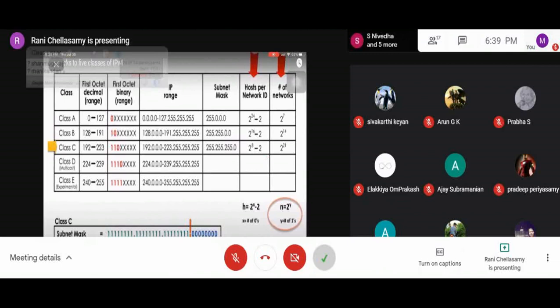Coming on to the last field, number of networks. How will you calculate the number of networks? Using the formula, n is the number of networks, 2 power y, where y is nothing but the number of ones. Coming on to class A, how many ones do you have? 7 ones.